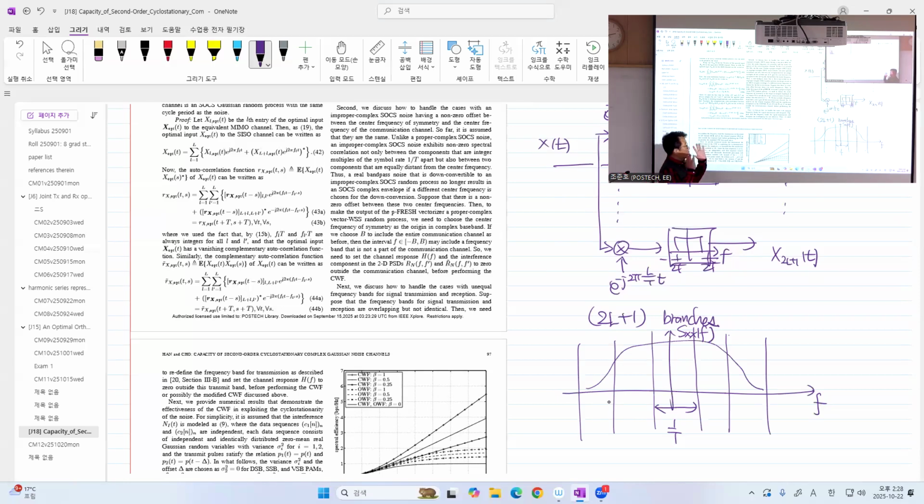And this finiteness is because we assume X is of finite bandwidth.